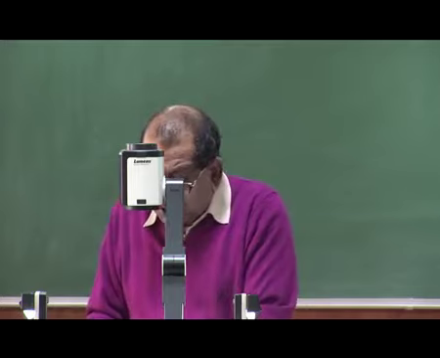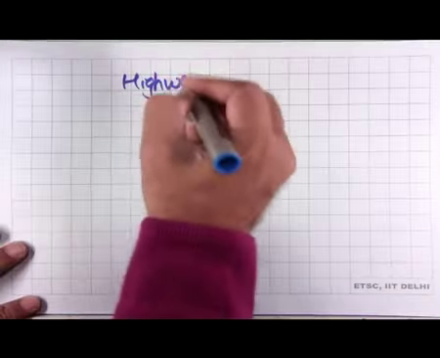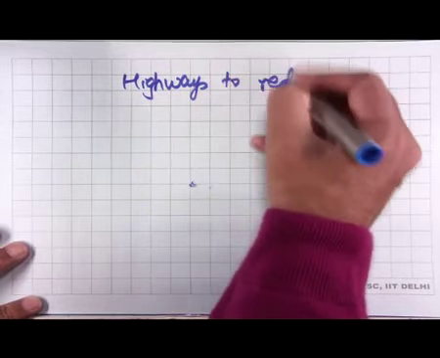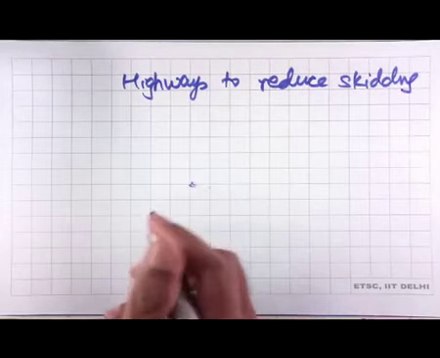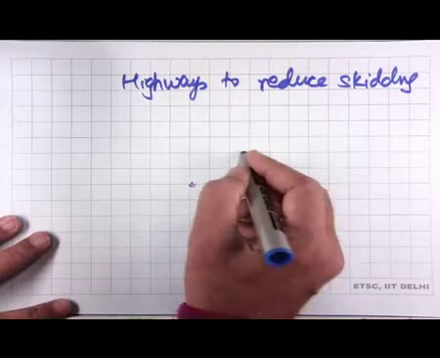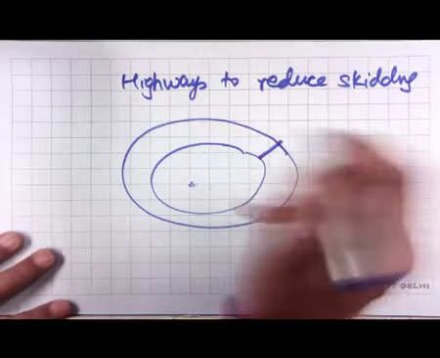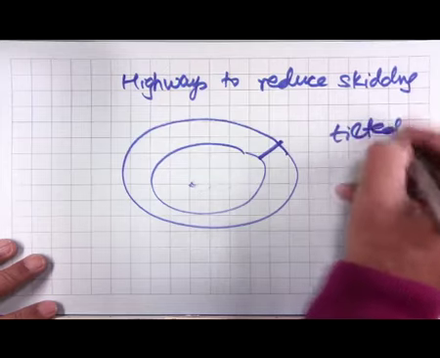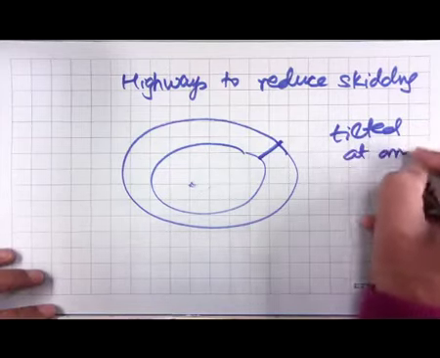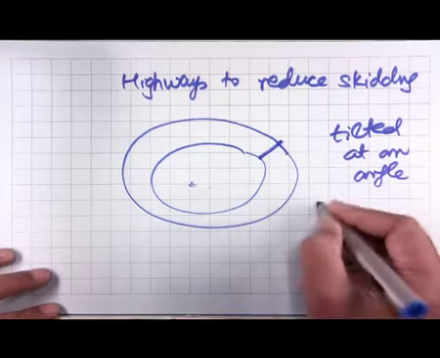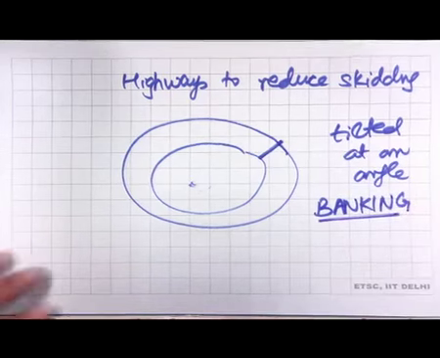Now, there is another thing which is done on highways to reduce skidding, and what we do is the highway is tilted at an angle. If we have a curve on the highway, it is tilted at an angle, and this is what we call banking of the road.